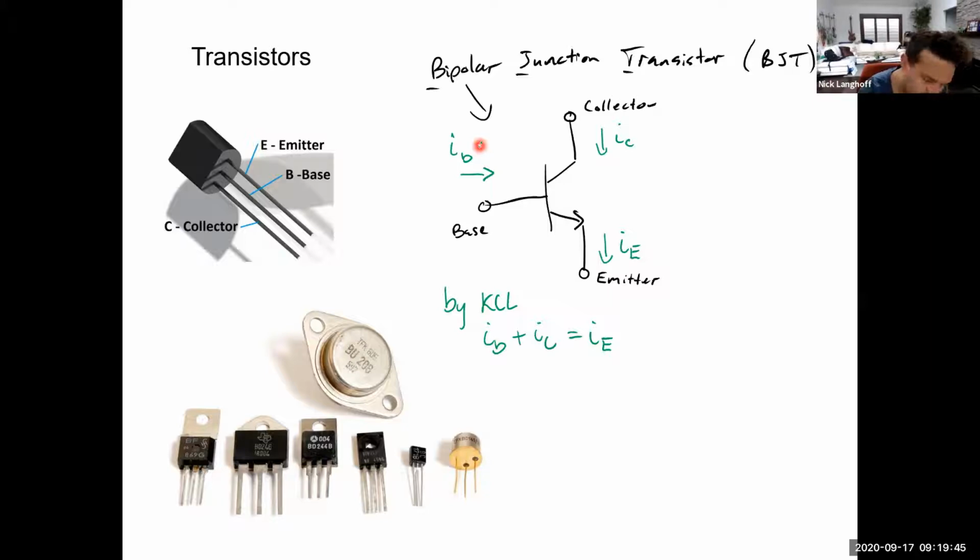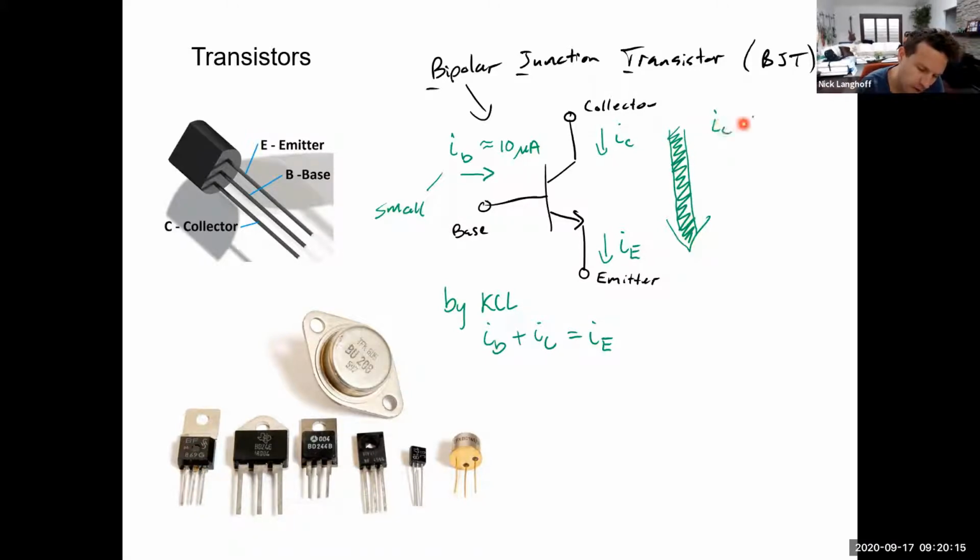Now, what's so special about this device is that when you put in a little bit of base current, let's say on the order of 10 microamps or something like that, this current could be really small. The magic thing about a transistor is that the resulting current flow through the collector is super, super big.